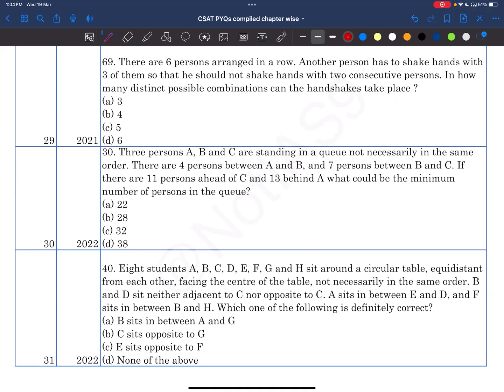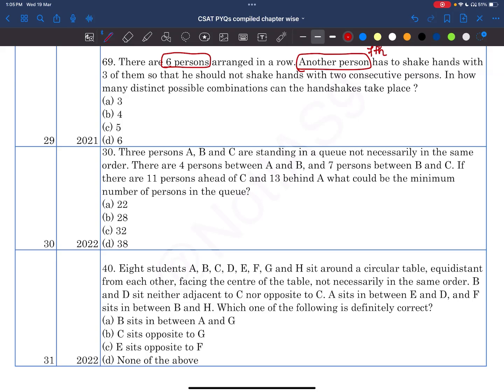There are 6 persons arranged in a row. Another person has to shake hands with 3 of them so that he should not shake hands with 2 consecutive persons. In how many distinct possible combinations can the handshakes take place? There are 6 persons and another person, that is the 7th person, right?